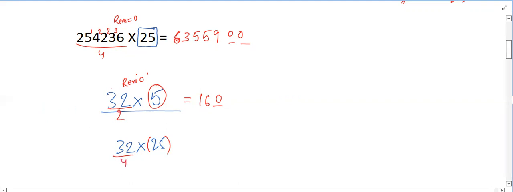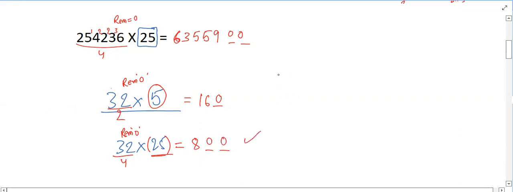We can divide it by 4. 32 by 4 is how much? 8 with remainder 0. If the remainder is 0, we have to keep how many digits? When we are multiplying by 25, we are dividing by 4, so we keep the last 2 digits. Last 2 digits will be 0, 0. So 800 is your answer.